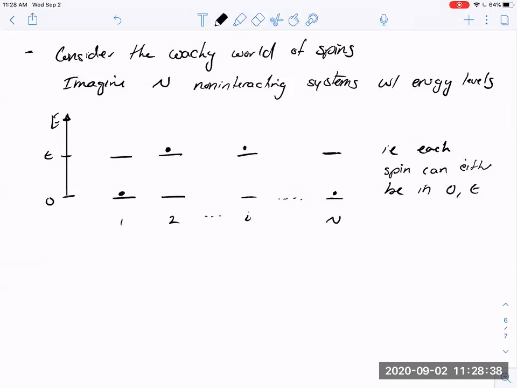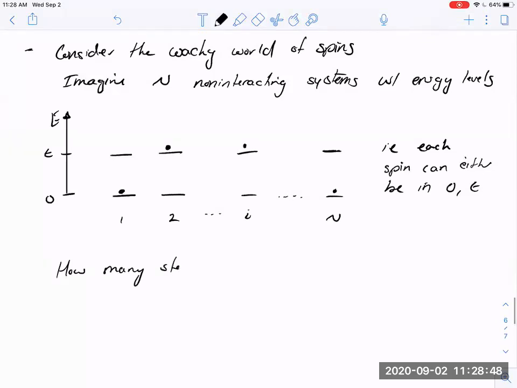Now let's do some counting. So how many states have a given energy that we want to fix? So let's denote the total energy, E_T. We can compute the energy of the system by just asking what energy level the ith spin is in, and then summing over all the spins.